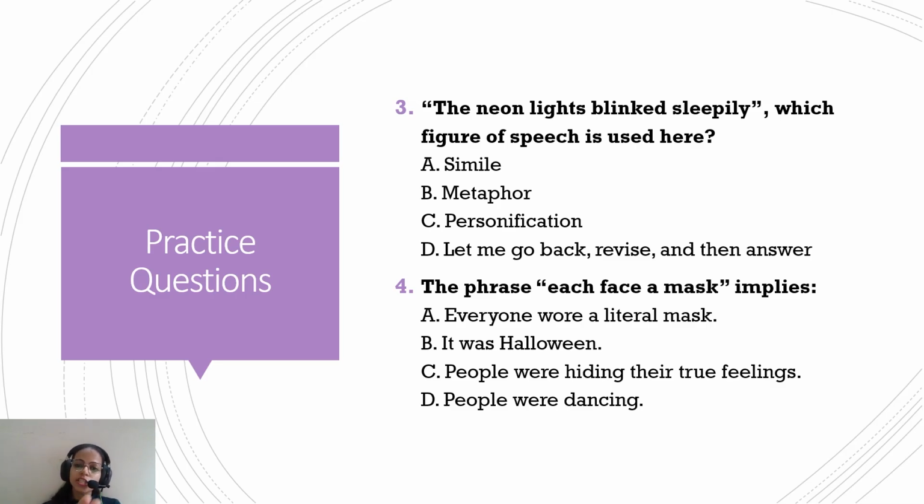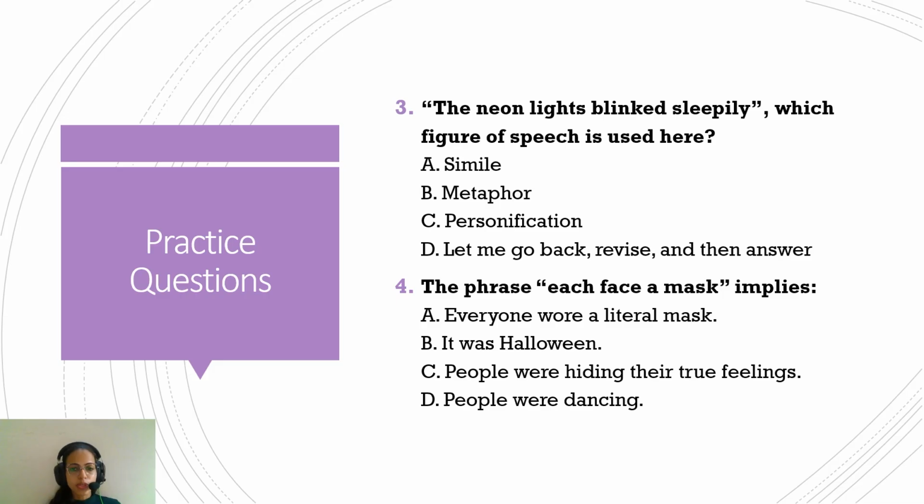But if it said the neon lights blinked sleepily, that means there is a direct comparison now, like in a metaphor, and the comparison is with a human-like quality. Do you see the slight nuanced difference between simile, metaphor, and personification? Blinking is the action of moving your eyelids quickly, and when you're feeling sleepy, your eyelids blink like this.